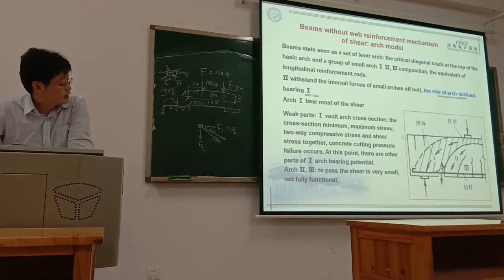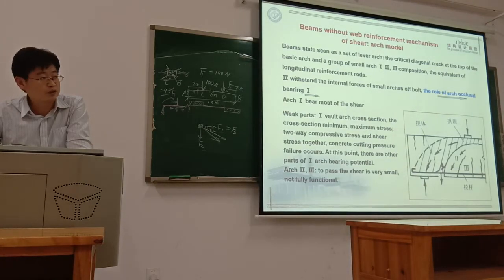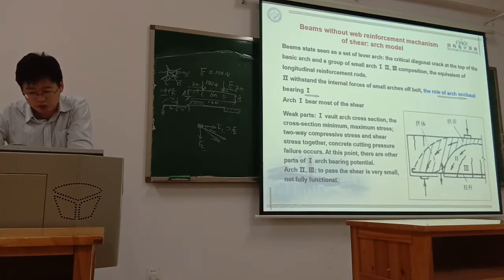And so finally, once the crack is generated, the beam is working like this. It works like an arch structure. See, it is divided into three parts: part 1, part 2, part 3, and the reinforcement. The reinforcement works as a rod, just like the tie rod of the arch.